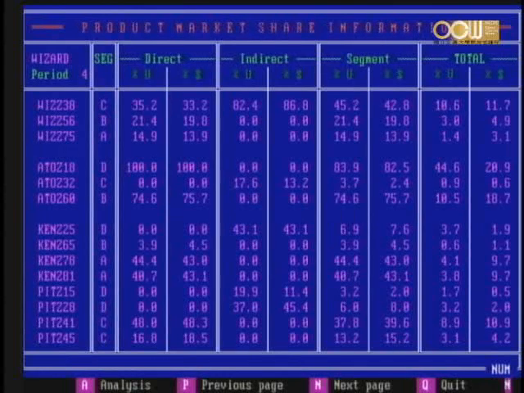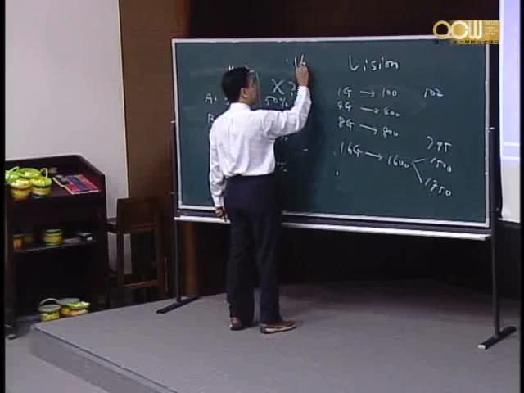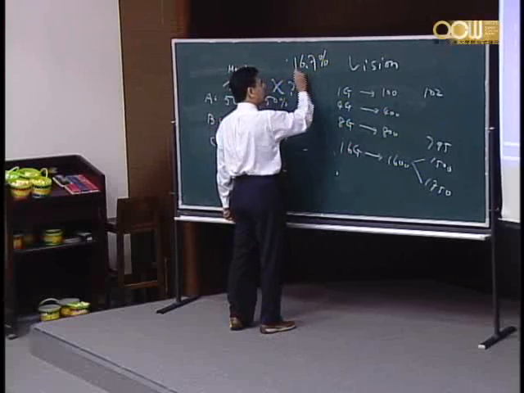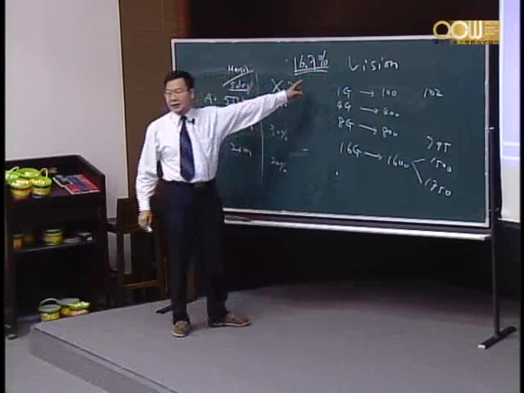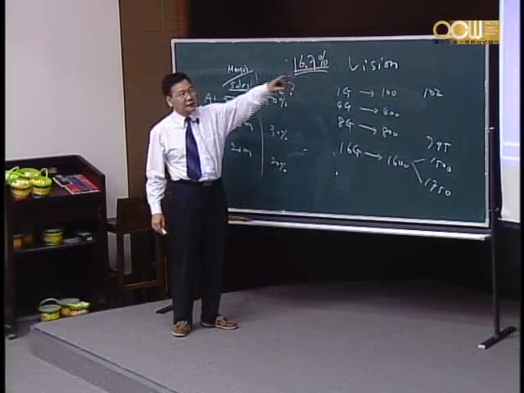So your grade will be here. I will add up, for instance, this one here. This grade will be, let me see, 12.6, 16.7. So you get 16.7 in this game.